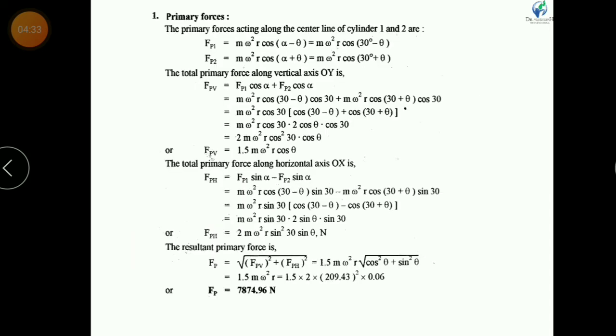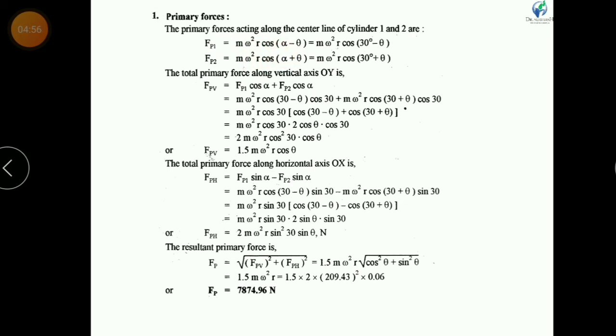So the equation of primary force is m omega square r into cos in bracket alpha minus theta. So why have we considered this equation? In general, the primary force is equal to m omega square r into cos theta.